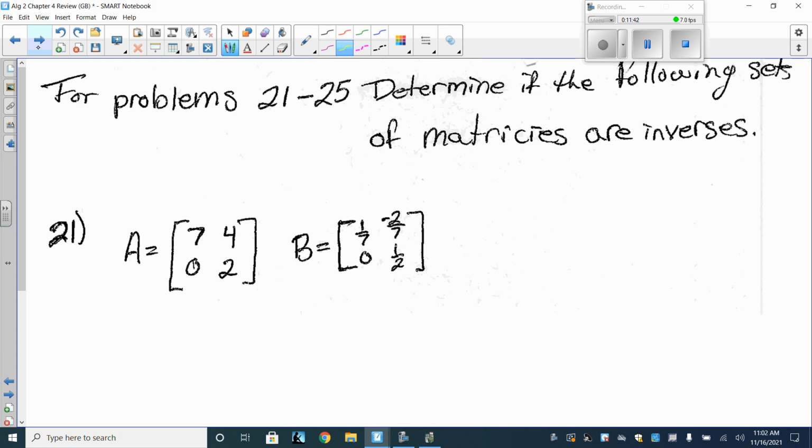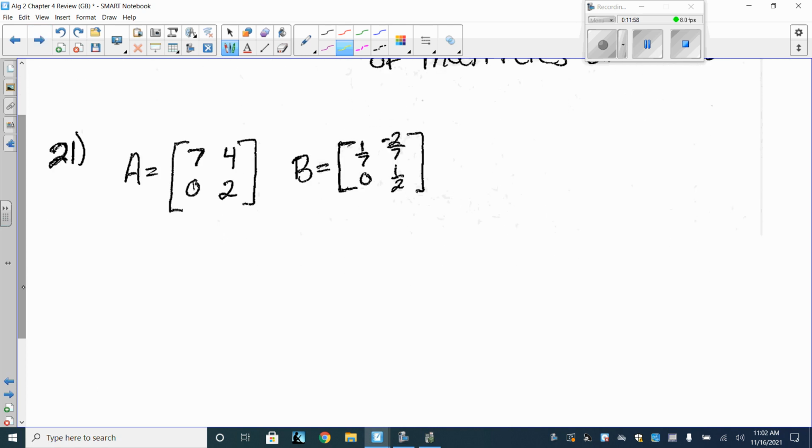Questions on 21 through 25. Is there one of those in particular that y'all want to look at? 21. If two matrices are inverses of each other, how can we test it? How can we know it? Because A times B should give us what?